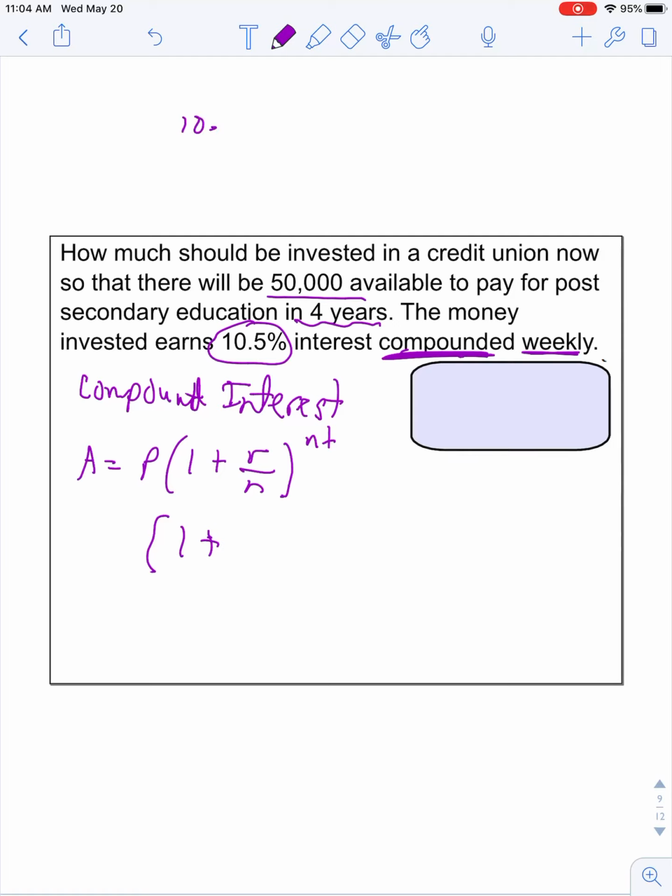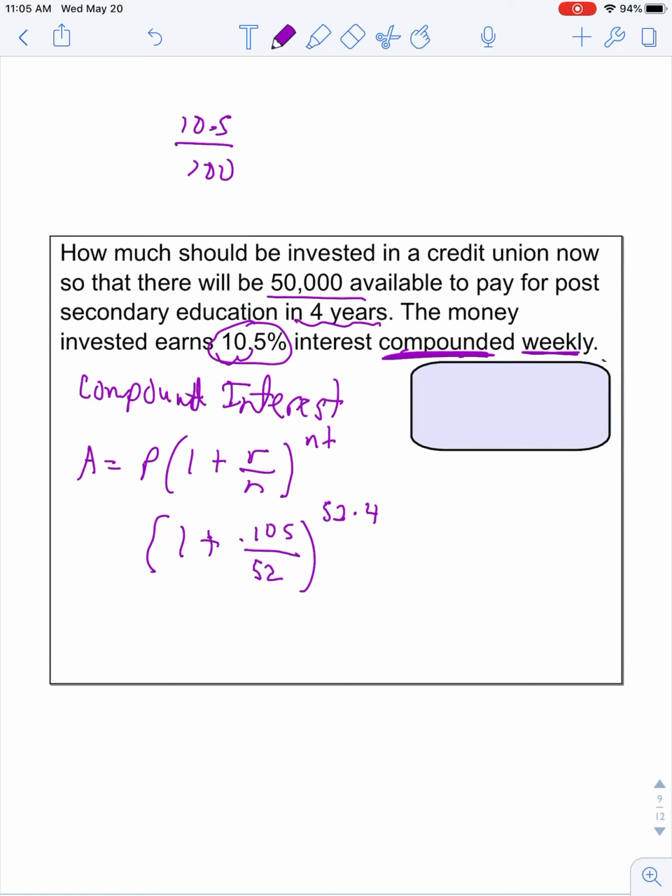Again, I have to take 10.5 divided by 100, or move the decimal over 2 places. So this would be 0.105 divided by the number of times it's compounded per year. Weekly would be 52. I'm going to raise it to the number of times, 52, times 4 years, because that's how long it's going to be there.